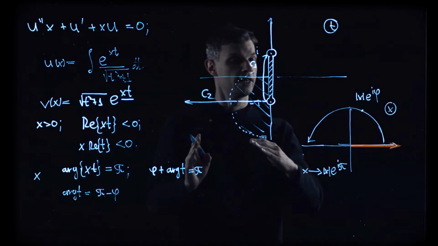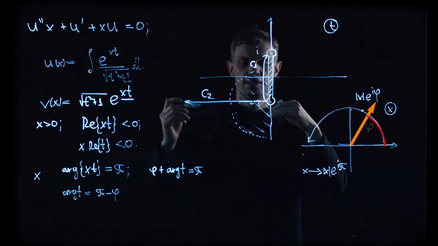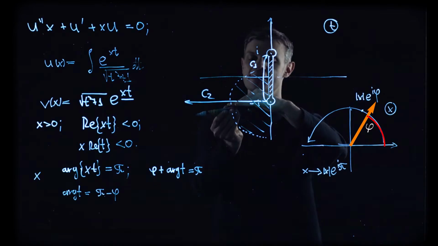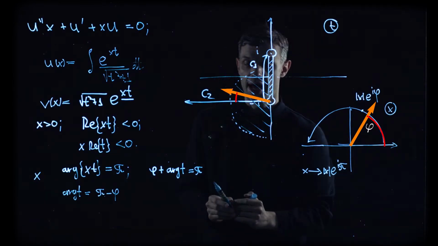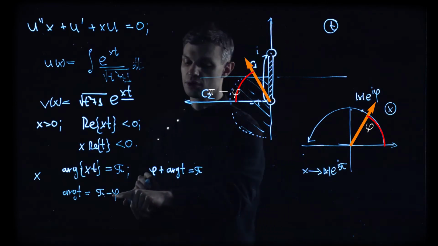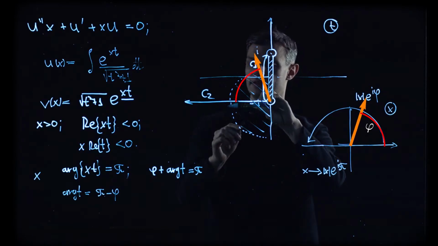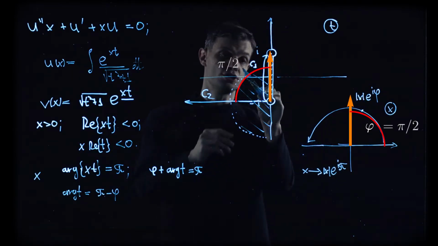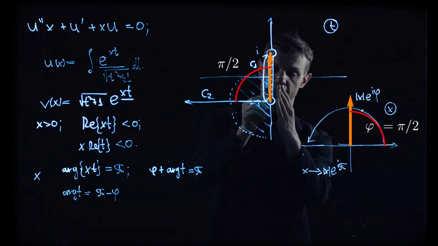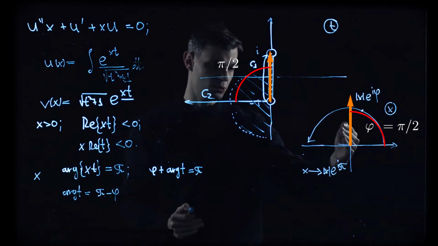So when x is rotating counterclockwise, this steepest descent direction rotates clockwise. And you see that we encounter a problem when phi reaches the value pi by 2, because then the steepest descent direction starts intersecting with the branch cut. So the question is, what's going to happen if phi actually exceeds pi by 2?